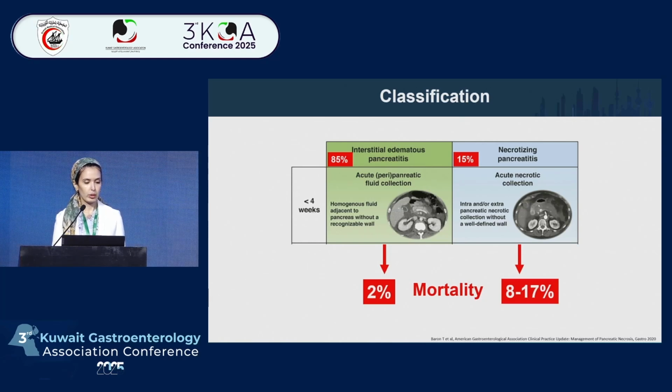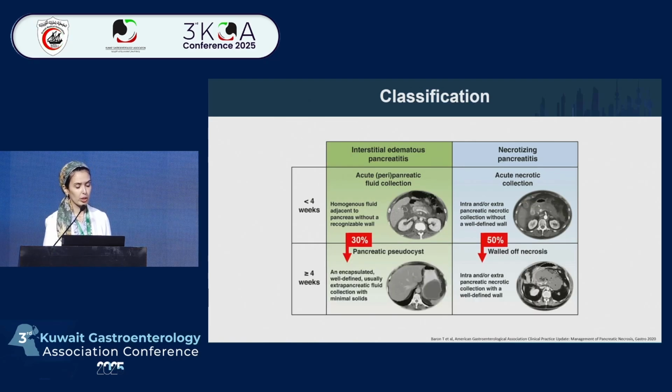This can lead to acute peripancreatic fluid collections, and it has about a 2% mortality, so relatively low. Necrotizing pancreatitis, which is less common but more morbid, leads to intra or extrapancreatic necrosis collections, and mortality can reach up to 17%.